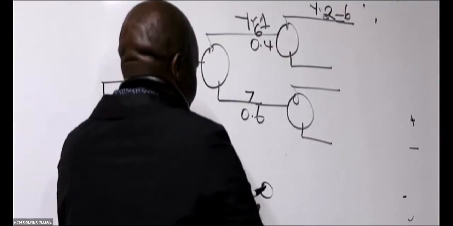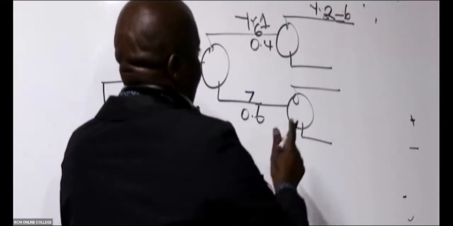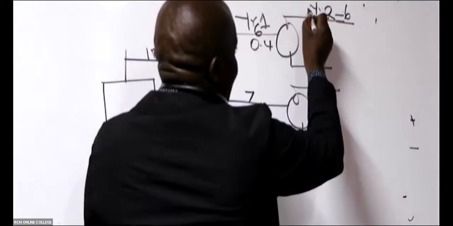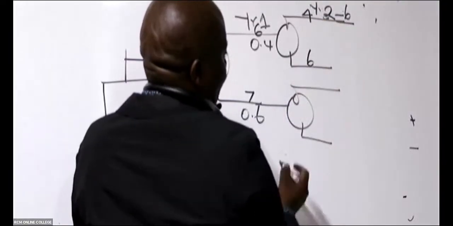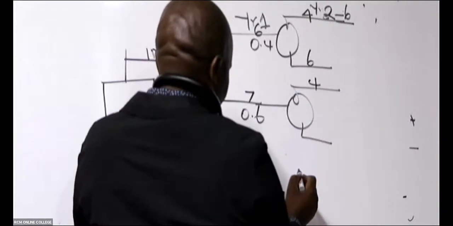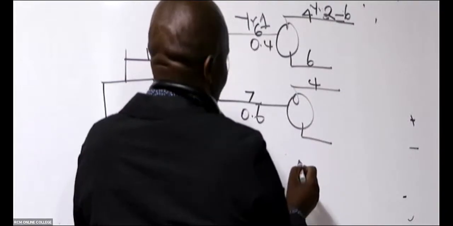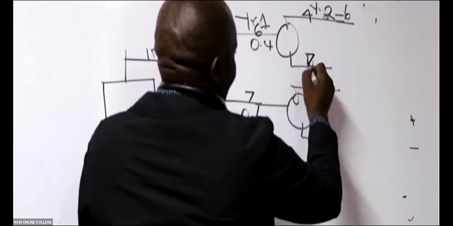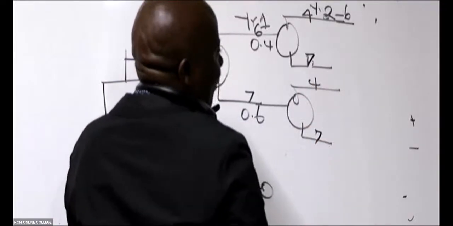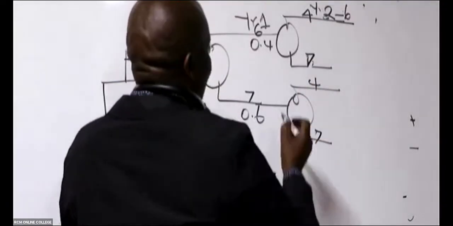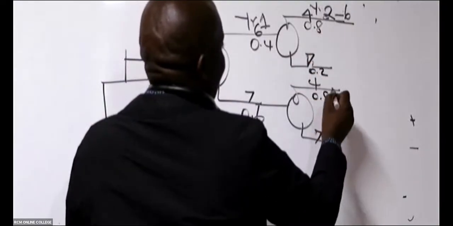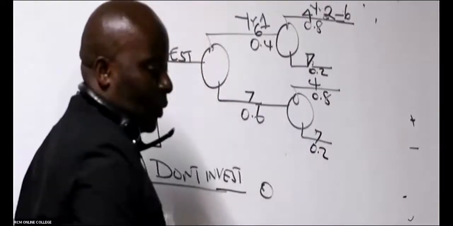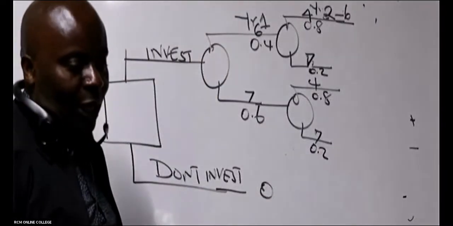We could either get 4 or what here, somebody? 4 or 7, sorry. 4, 7, like that, with probabilities 0.8, 0.2. And that is it.